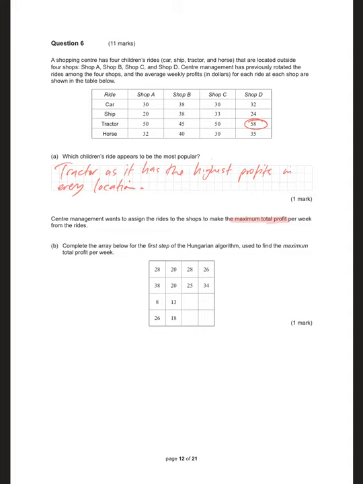You're not going to have time in the test to fix it for them. You just have to trust that it works. So I'm going to go 58 minus 50 is 8. 58 minus 58 is 0. 58 minus 30 is going to be 28. 58 minus 35 is going to be 23. That's that page done.